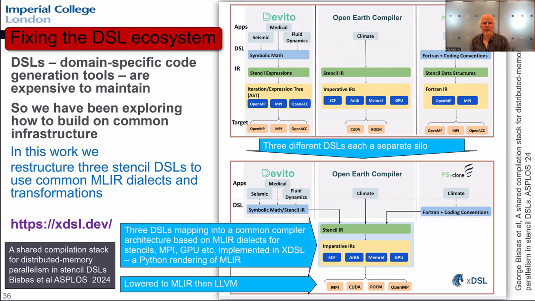That's the ambition here. So in this paper, we take these 3 and we re-architect the compilers of all 3 of them to share a common intermediate representation. And I'll show you performance numbers in a moment.